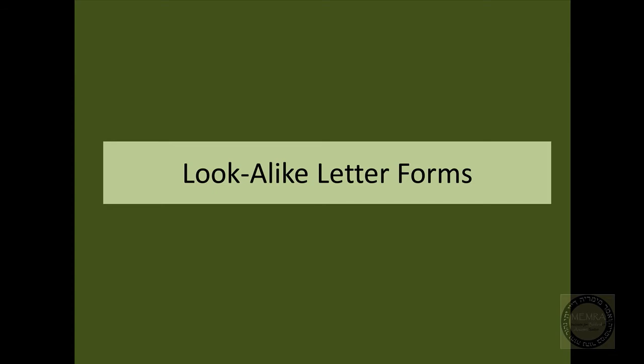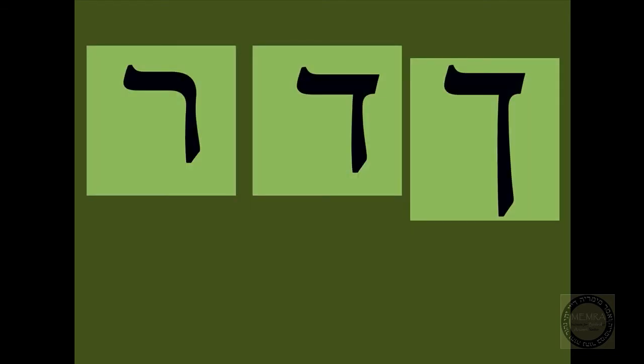Now let's take a look at some look-alike letters, how to tell them apart. I would recommend reviewing this video a lot until you can instantly tell one from the other. Here are 3 that look a lot alike. You'll notice that if we have an imaginary line right here, the one on the right goes below the line.